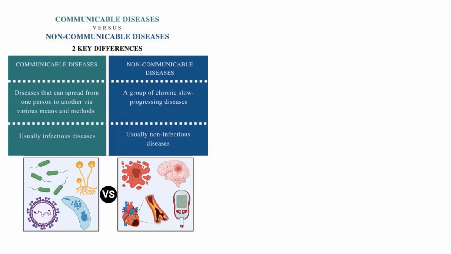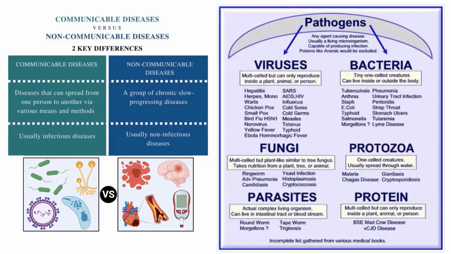So a person having a heart attack cannot transfer it to another person. But a person having COVID or influenza or any other infectious disease can actually transmit it to someone else. So these are the two major differences of communicable and non-communicable disease.